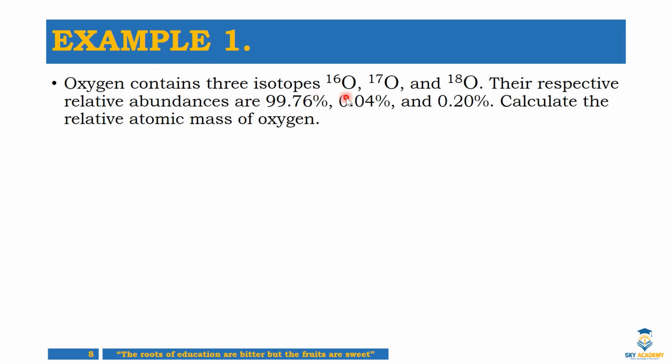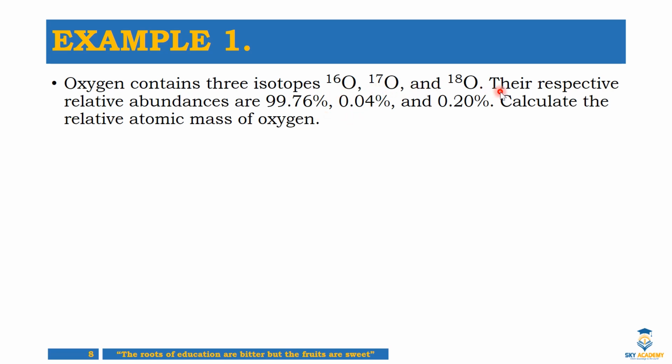Oxygen contains three isotopes: oxygen 16, oxygen 17, and oxygen 18. This example simply shows that we have three isotopes of oxygen. The first one is 16, the second one is 17, the third one is 18. All those isotopes have the same number of protons, or atomic number 8.